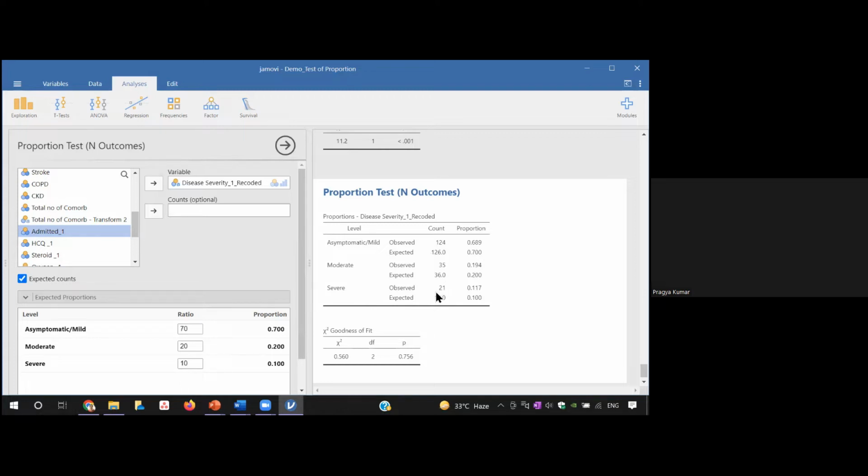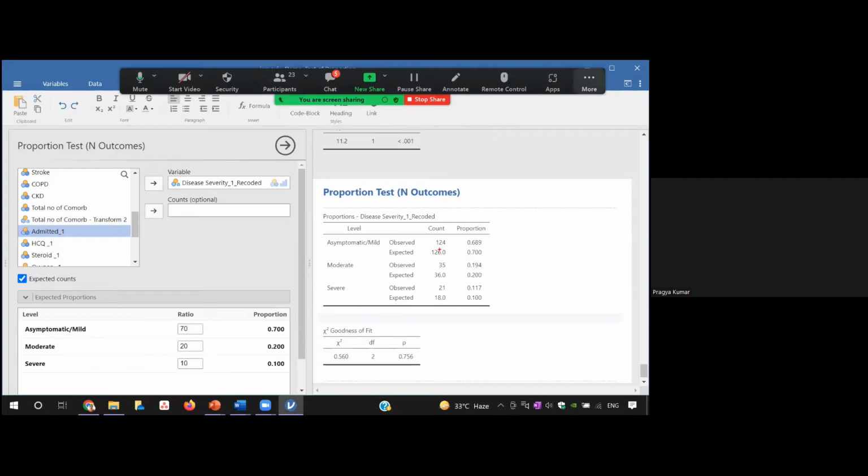Against that known proportion, if you apply it to the total number, whatever number comes is your expected. Because you have asked me to explain this expected also.